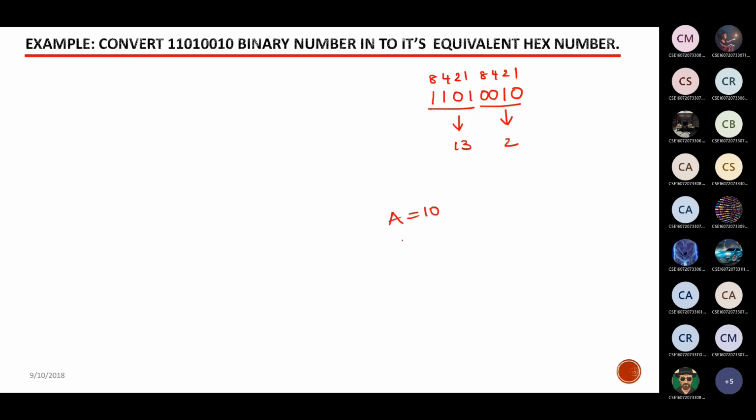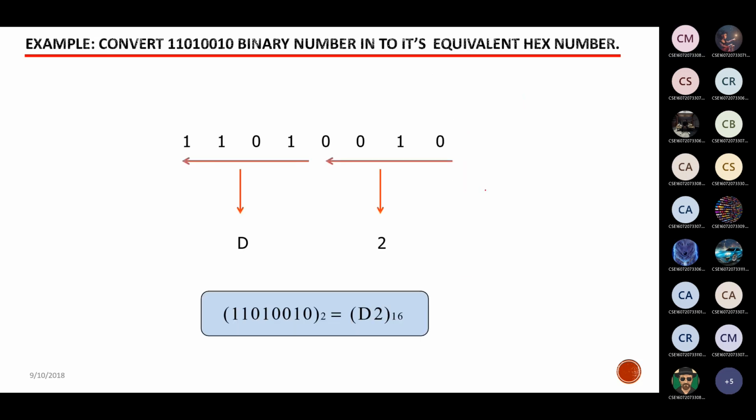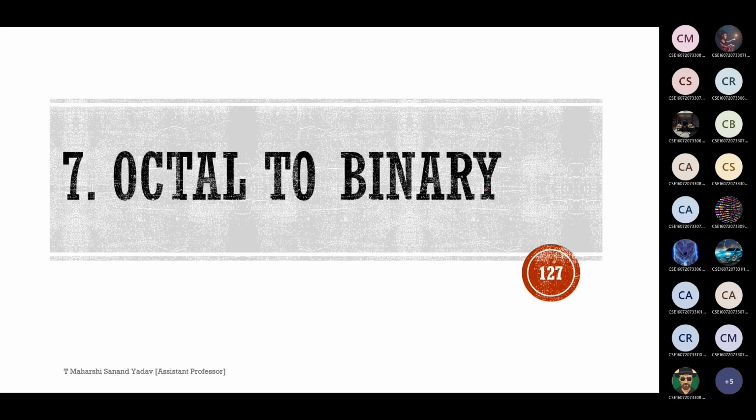D2, sir. A is 10, B is 11, C is 12, D is 13, E is 14, F is 15. So our answer will be D2. It is D2. Correct.